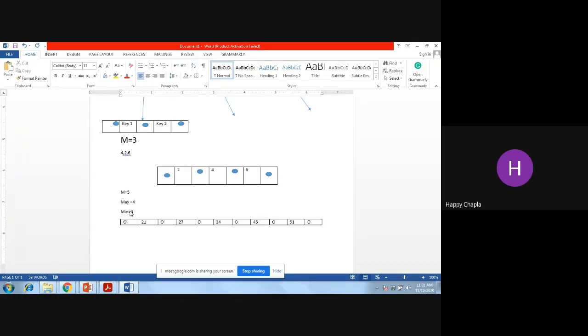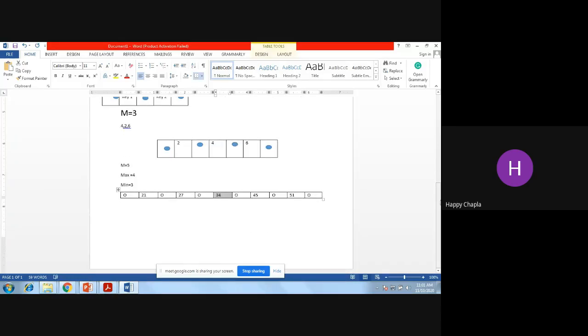Okay, so what we have to do is split the node from the median position. Which one is the median? This 34 is the middle of the available node. So we are just splitting the node from this.